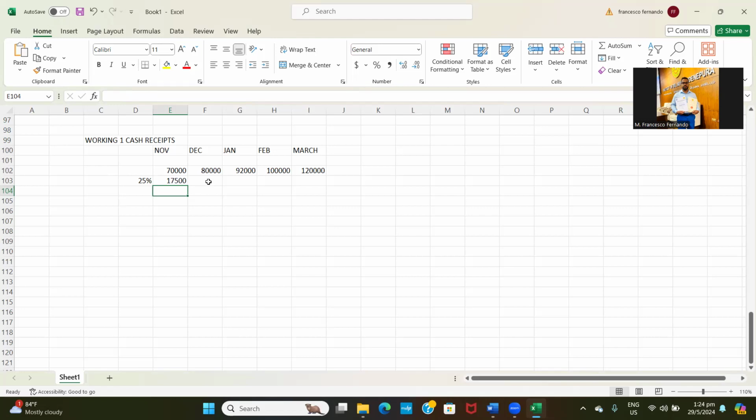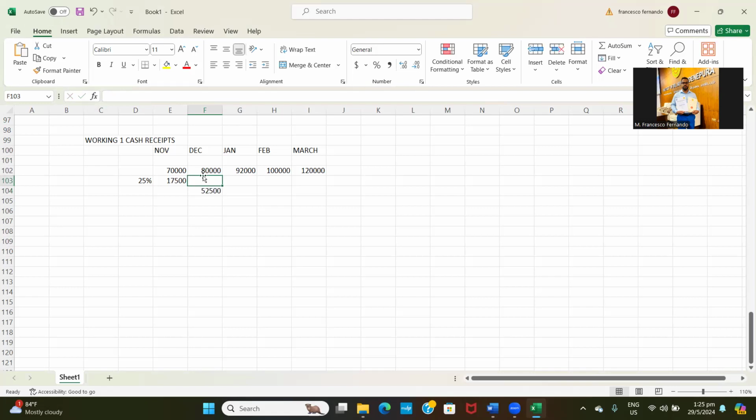And the balance, so from the 70,000, if you deduct 17,500, the balance you are going to receive next month. So 70,000 minus 17,500, you are going to receive 52,500 in December. And similar thing applies for December.